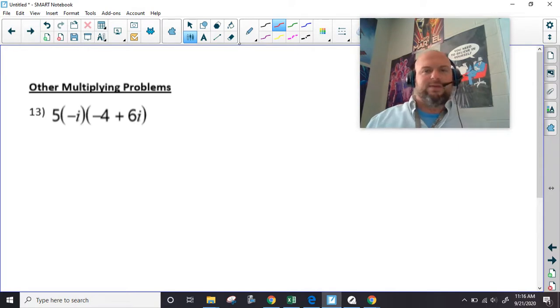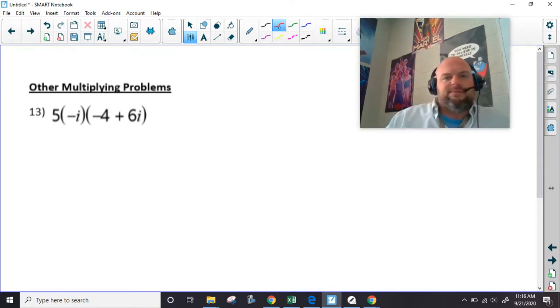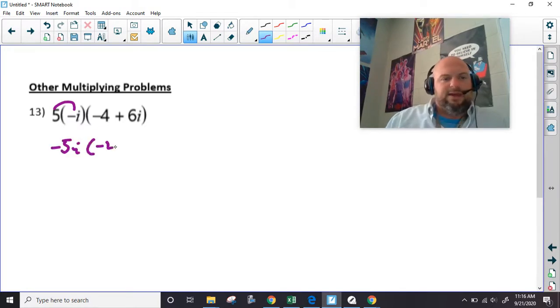Now, I do kind of want to work this out because I don't want you to see it and be overwhelmed. Start small. Start left to right. Okay. So we're going to have -5i. And then after that, it just basically turns into a big distributive property. Well, if I could write the right numbers. So this is going to be 20i minus 30i squared.